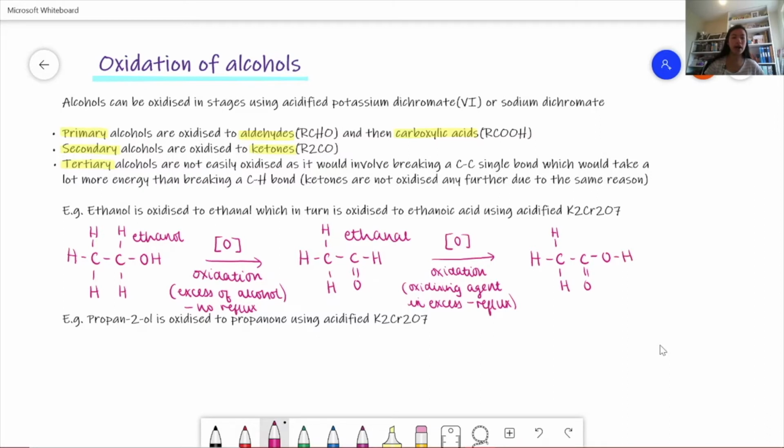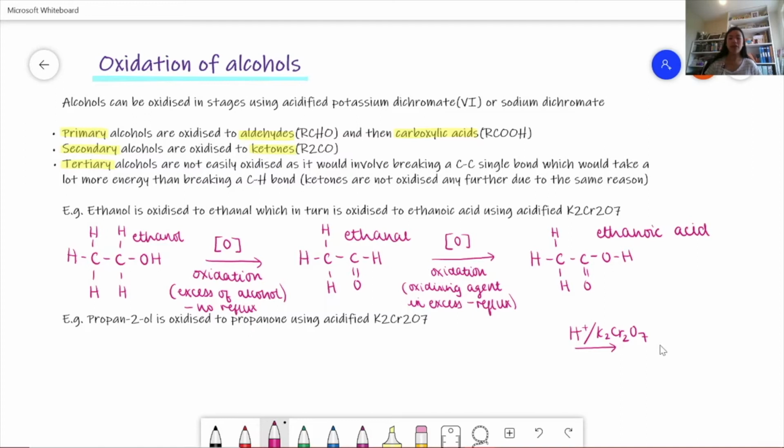So this is our ethanoic acid. So the O with the square brackets indicates that we're oxidizing. However, we can also write arrows like this. So you can have an arrow and you'd write H plus because it's acidified potassium dichromate, and you would put down the potassium dichromate. And so this could be used instead of the O with the square brackets.